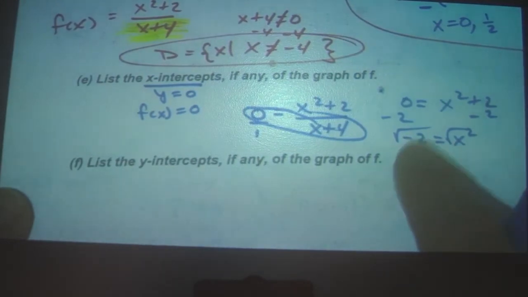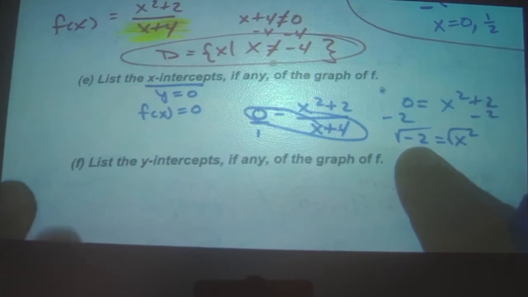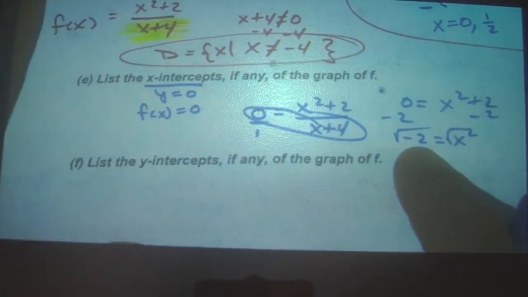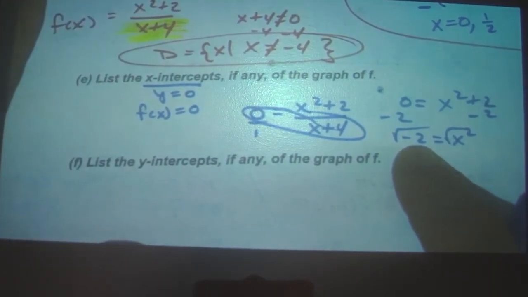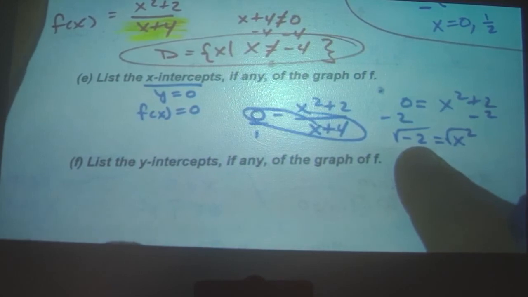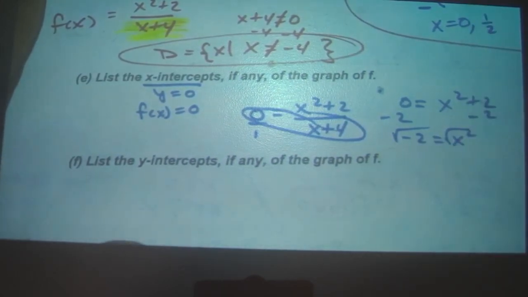But what's the square root of -2? Square root of -2, y'all. What happens when you plug that in the calc? What do you get?